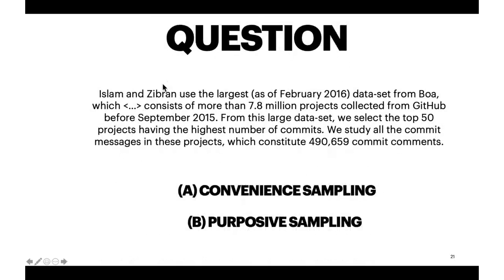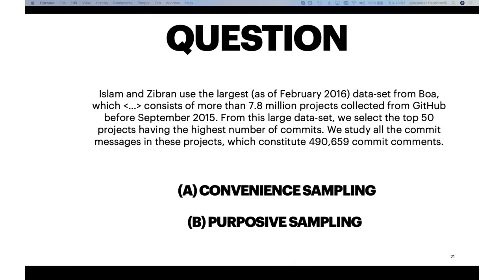So let's ask a question. I have put a snippet from a scientific paper on the slide. And the question to you is whether this is convenience sampling or purposive sampling. I'm going to start a poll.